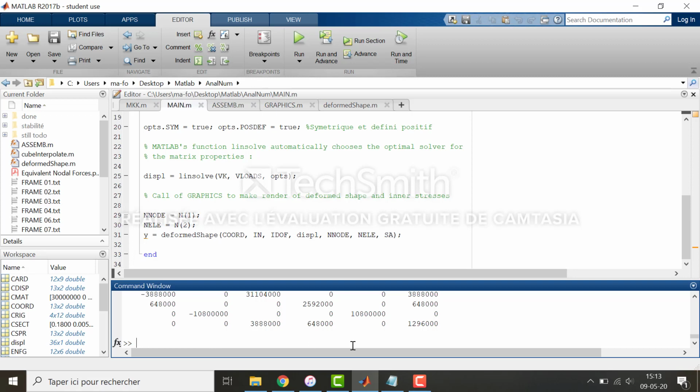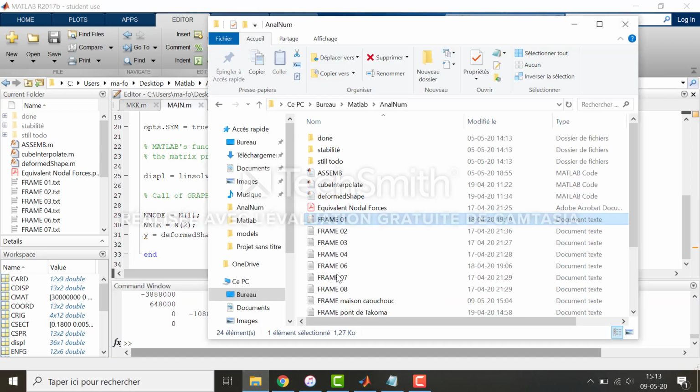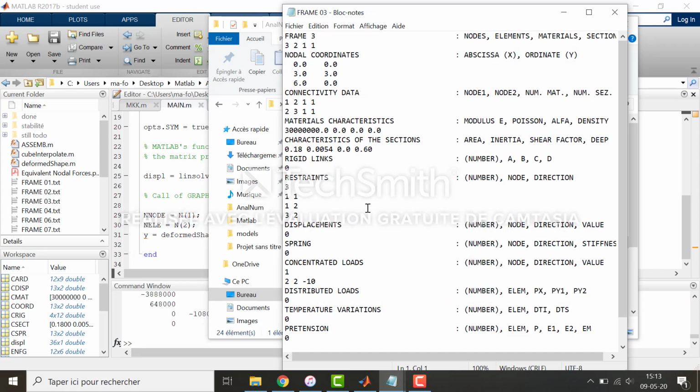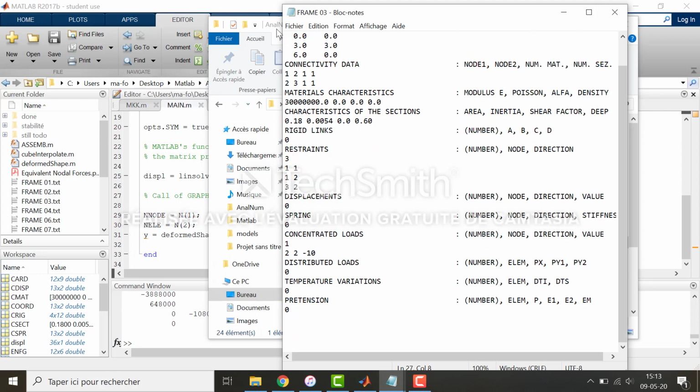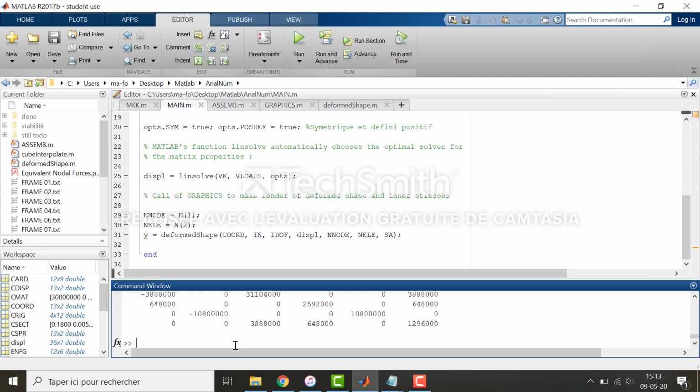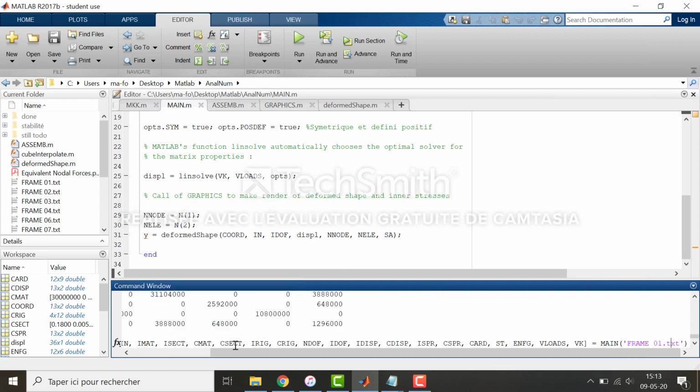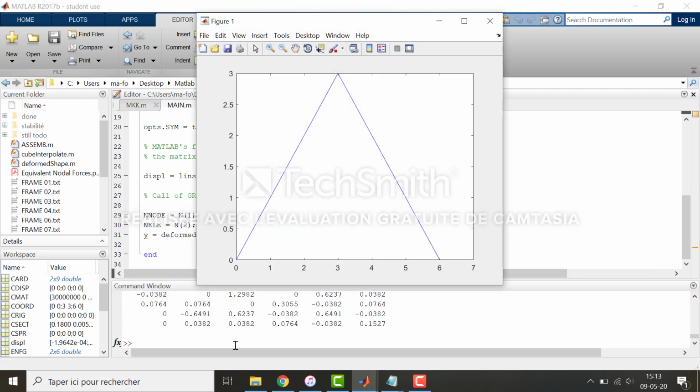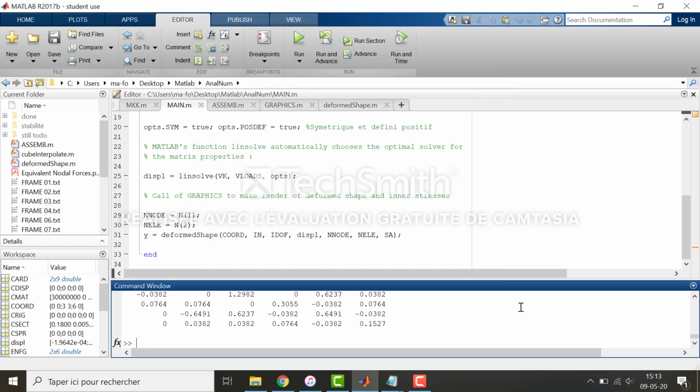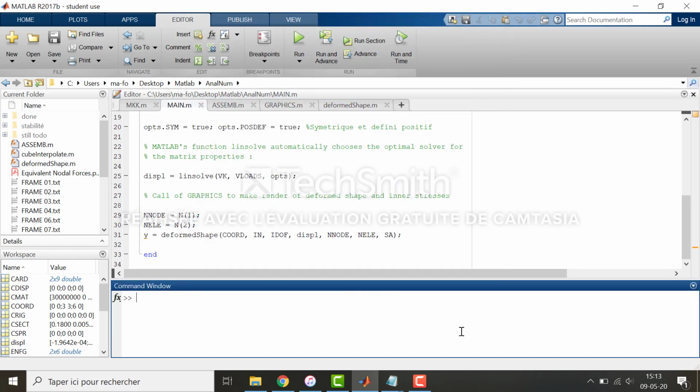Frame 3 is a triangle that is loaded with vertical loading. As we can see, we have just a concentrated load on the node 2, so in the middle, and you'll see that it's a little bit more stiff. Frame 3 is stiffer, and also this is in meters, so we don't see much of the motion on the node, but there is one, as we can see if I do a clear.